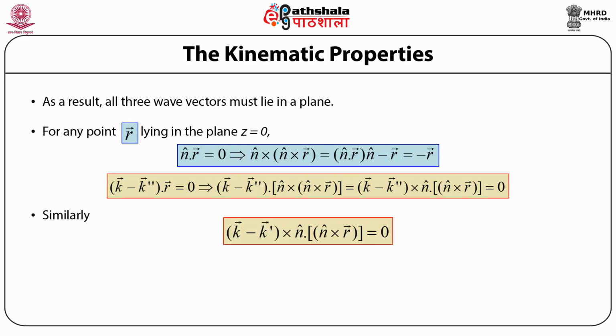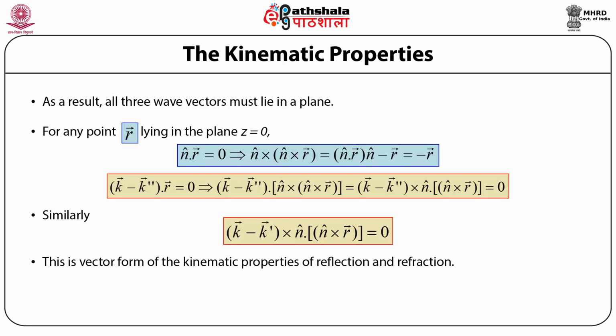And similarly we can also write down that the cross product of the wave vector k minus k prime with n cap dot the cross product of n cap cross position vector r is 0, because in all these relations we can through a cyclical permutation get a term which has n cap dot r, and we have already defined that for the present scenario n cap dot r gives us 0. So this is the vector form of the kinematic properties of reflection and refraction.